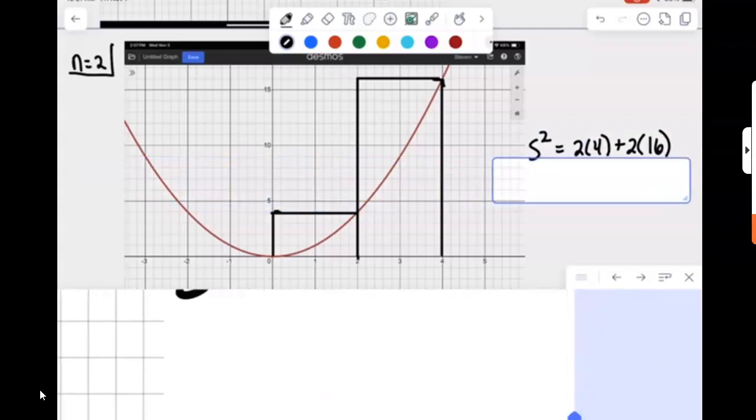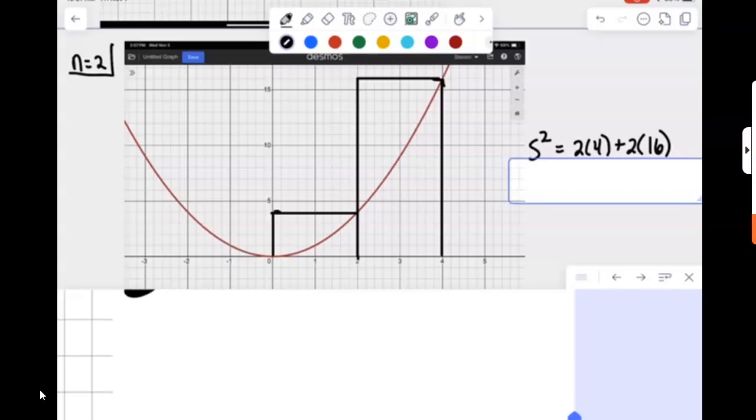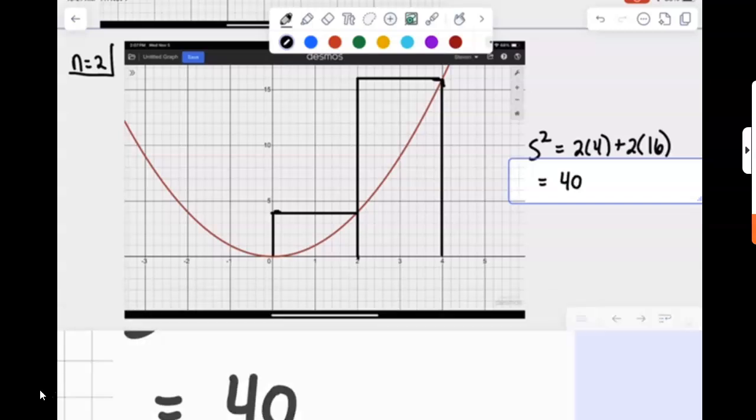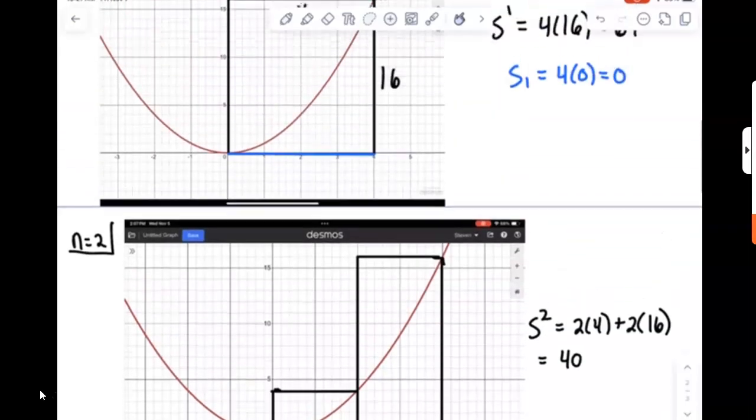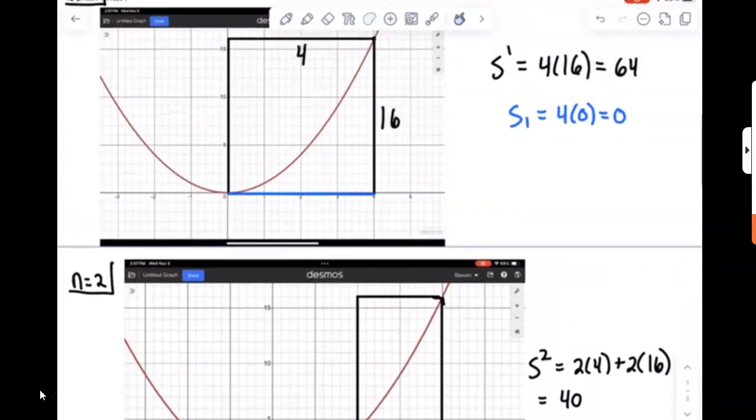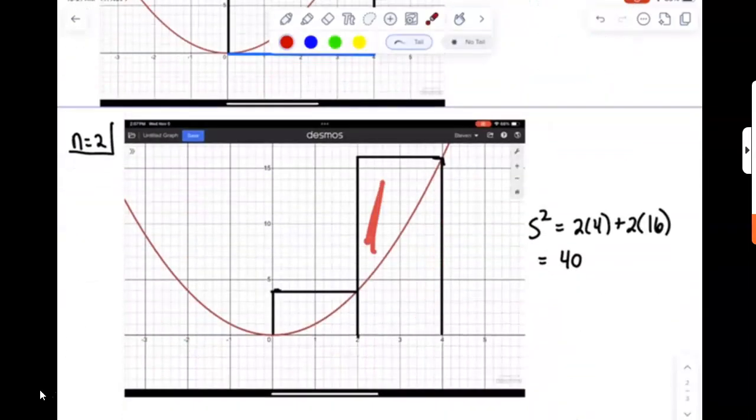Right, and so we work that out. 2 times 4 is 8, 2 times 16 is 32, 8 and 32 gives us an upper estimate of 40. Now this is a better estimate than our 64. There's a lot less extra area outside those rectangles than there was in the first case. So that's a better estimate. We know a lot more about how big our thing is. It's definitely now smaller than 40.